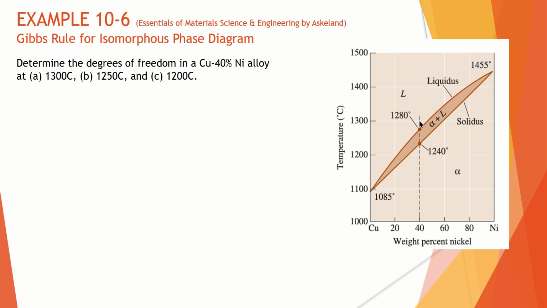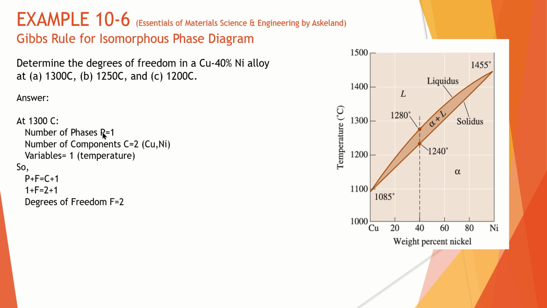At this point, the number of phases present is equal to 1 because only the liquid phase is present. This is the binary phase diagram. Two components are present, copper and nickel, so the number of components, C, is equal to 2. This diagram has been constructed at constant pressure, so pressure is constant here and only one variable is present, that is temperature.